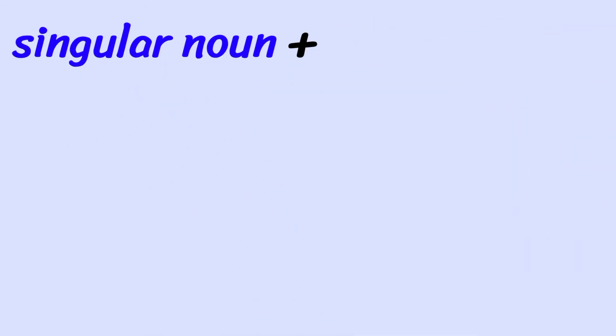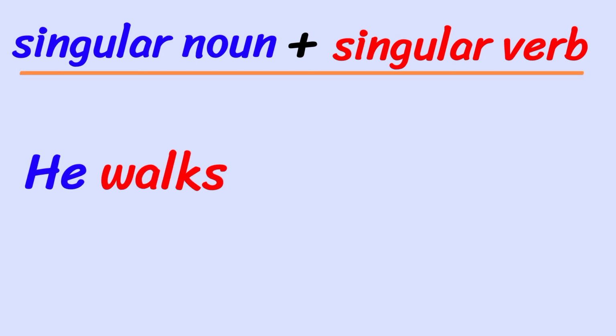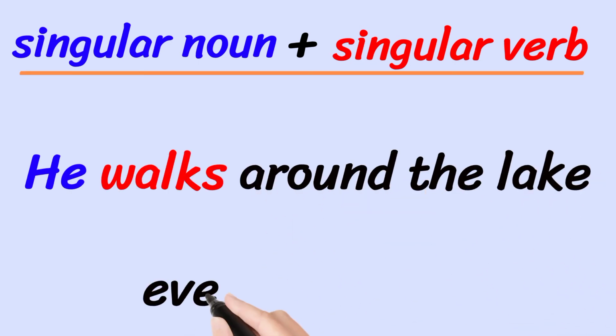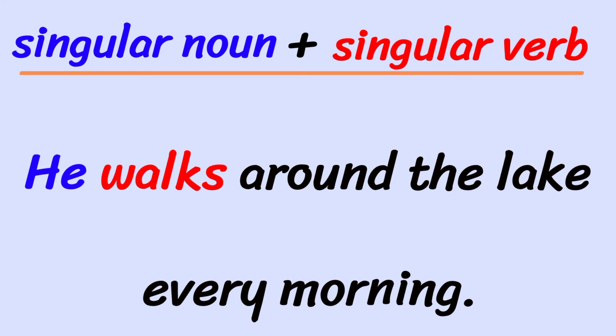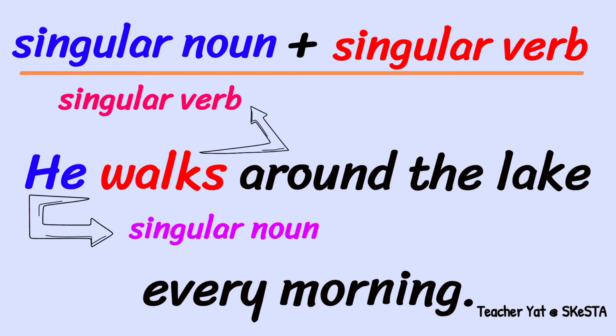Let us look at some examples. Read this sentence: He walks around the lake every morning. He is a singular noun. That means we must use a singular verb. Can't you see there's an S at the end of the verb?